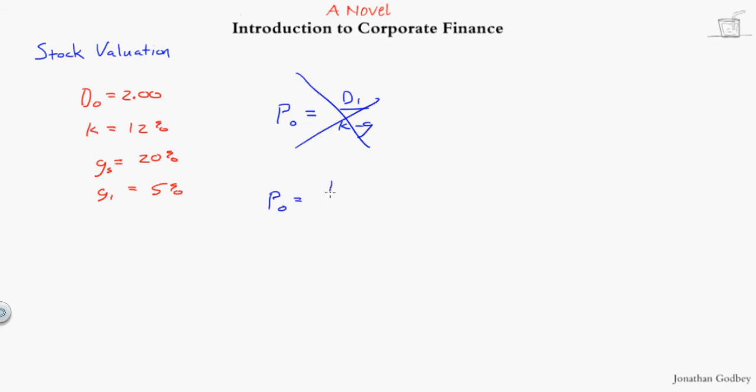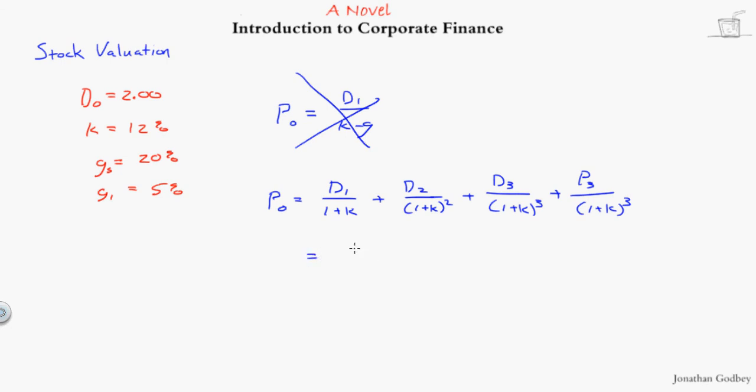I have this super fast growth for 3 years, D2 over 1 plus K squared plus D3 over 1 plus K cubed plus, so I have these 3 years of fast growth. Then I can sell a stock because it becomes constant growth at that period.